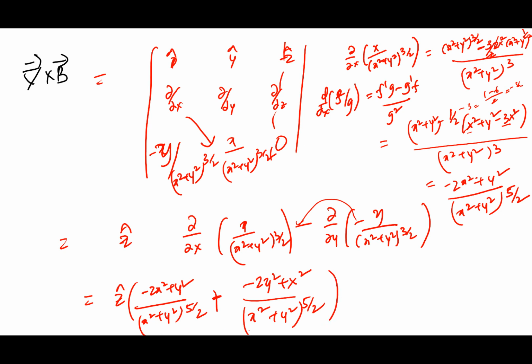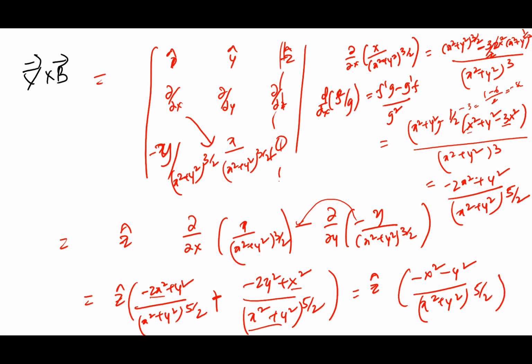So the denominator is the same, right? And so along the z direction, you get minus 2x squared plus x squared, so you get minus x squared minus y squared divided by x squared plus y squared whole to the power 5 by 2. This is only along the z direction, right?